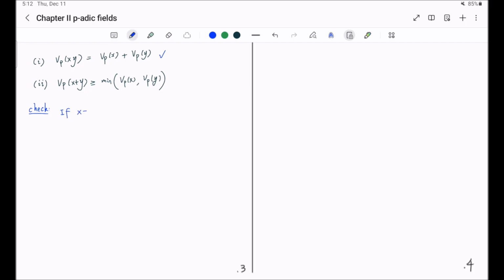If x is equal to 0, then Vp(x+y) is just equal to Vp(y). And the right-hand side, because the p-adic valuation of 0 is equal to infinity by our convention, will simply reduce to Vp(y). So they are equal. And same for the case when y is equal to 0.